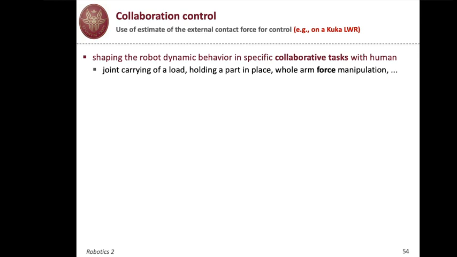For instance, if you want to carry in common a heavy payload, or you would like to contribute with the robot to hold a part in place and then move it around, or if you want to do whole arm manipulation, so having contact with a large object with several parts of your body and with several parts of the body of the robot, and so on and so on. Of course, the context is important, but we built some basic bricks that can be used in the various contexts.